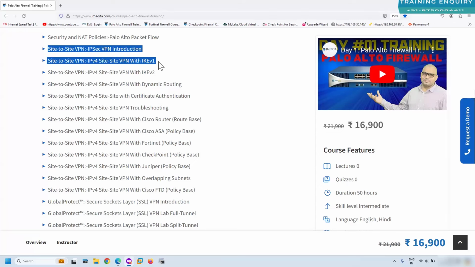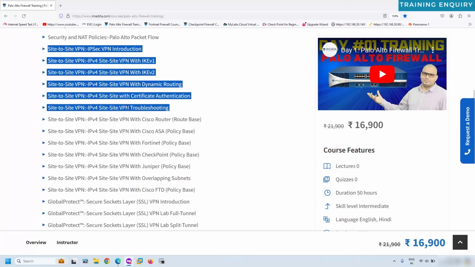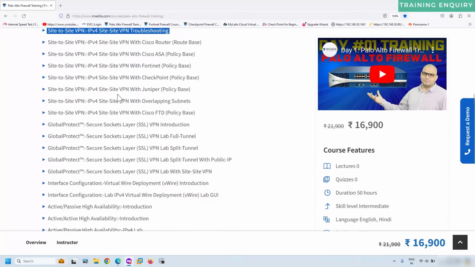So till here, you will learn site-to-site implementation on Palo Alto. But in industry, it is not necessary that you will always deploy site-to-site VPN only with Palo Alto to Palo Alto.